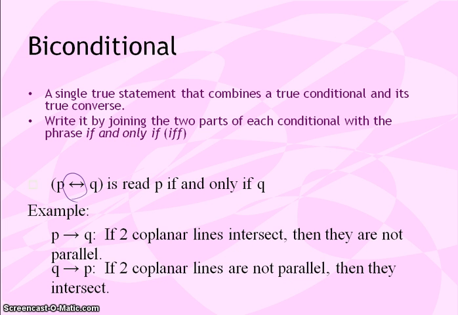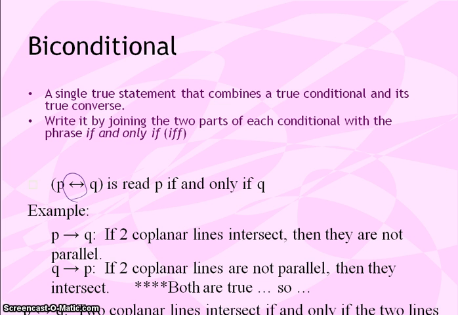So this is an example of a biconditional statement. Both are true. So we can write, and this is falling off your screen a little bit, P if and only if Q. Basically, two coplanar lines intersect if and only if the two lines are not parallel. So that is a biconditional.